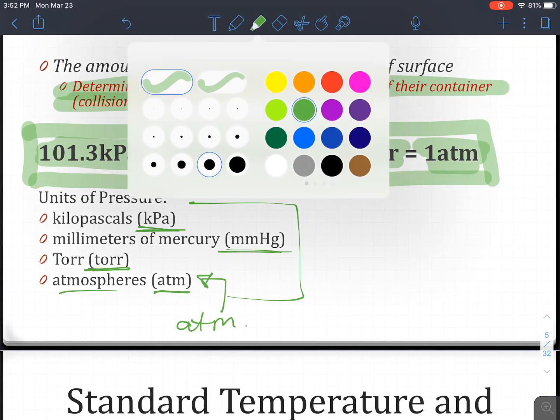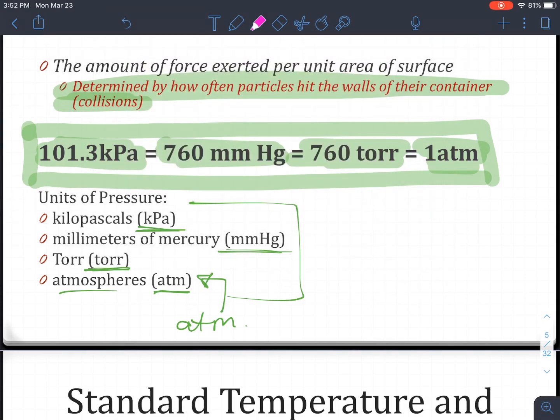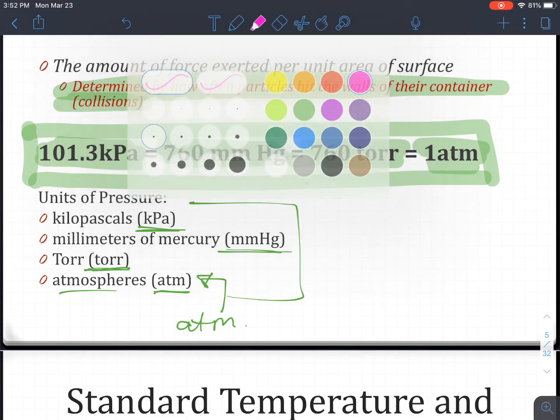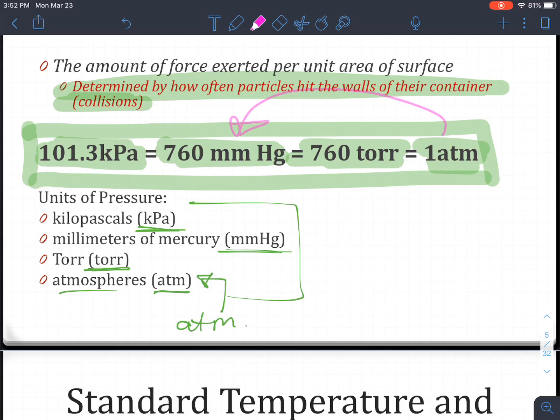With that being said, 1 atmosphere is then also equal to 760 mmHg, and 1 atmosphere is equal to 101.3 kPa. 760 mmHg is equal to 760 torr. So you can see how you can manipulate this little number line here, and that it's just one big equivalence ratio.